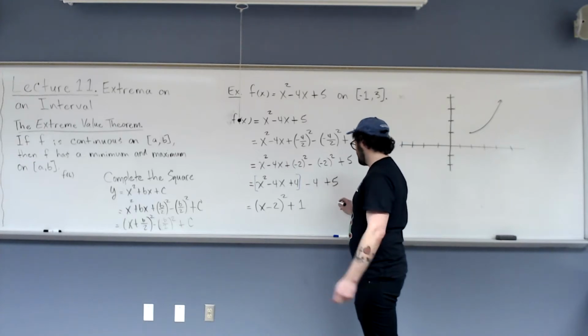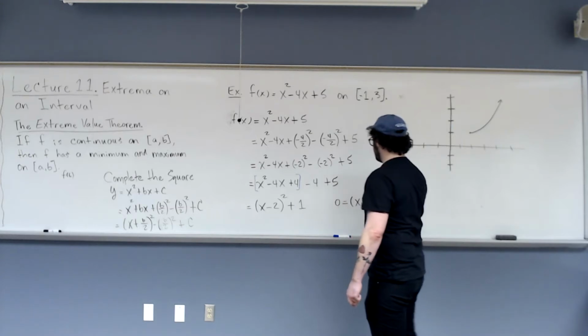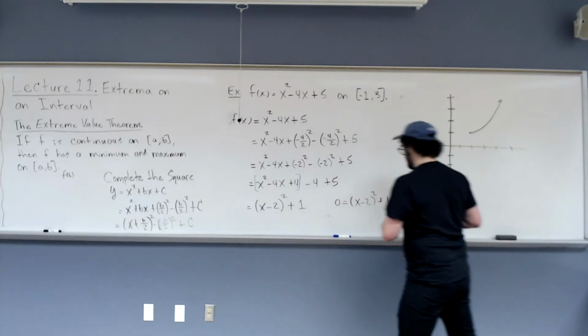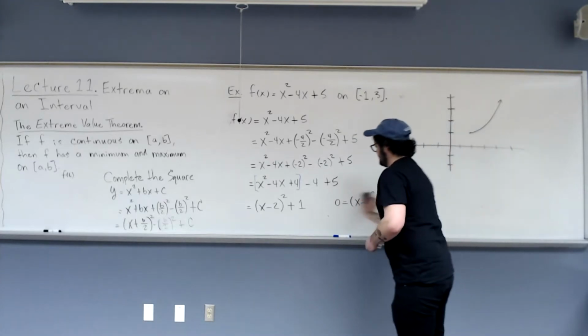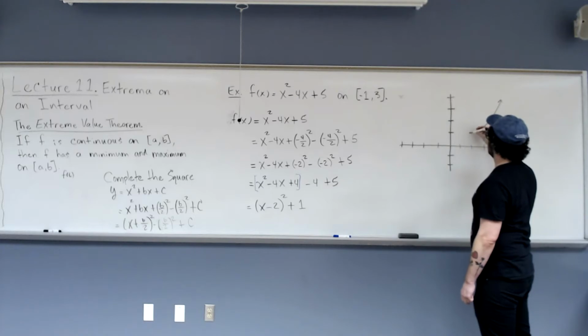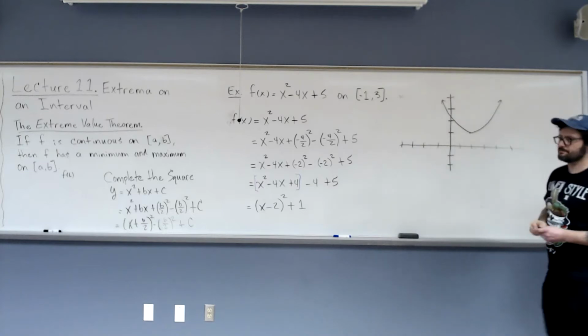Yeah, so if I want to find the y-intercept, what do I do? I set it equal to 0. Move the 1 over. Yeah, that's not going to work because I'm at the square root of -1. I'll just draw it symmetrically like this. I'm pretty sure I know where it occurs. Something like that, whatever.